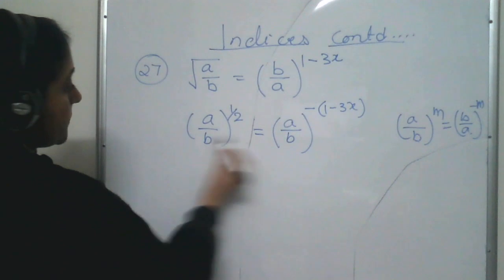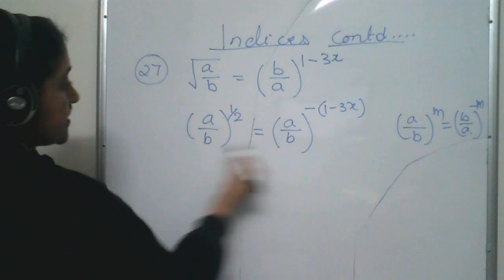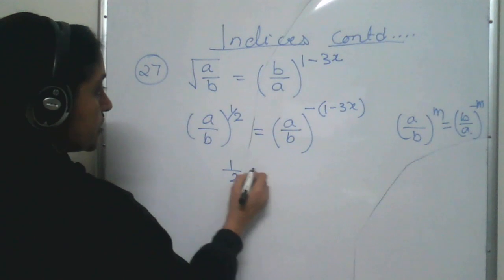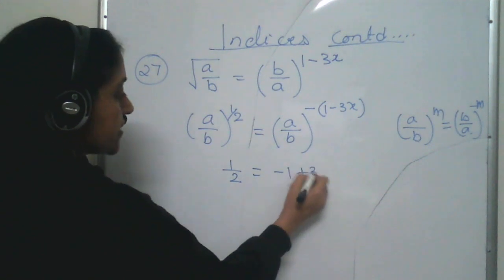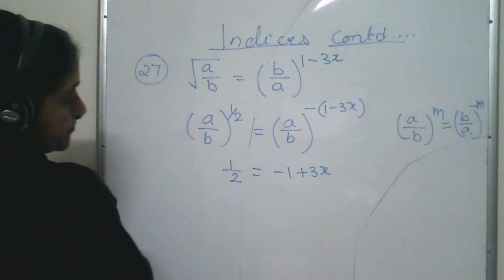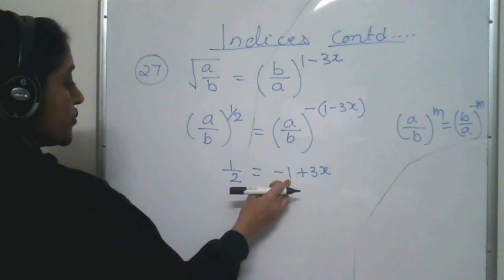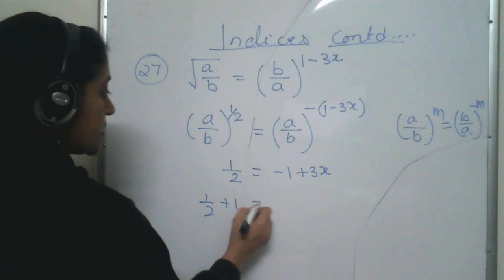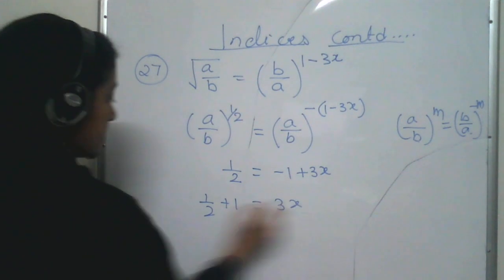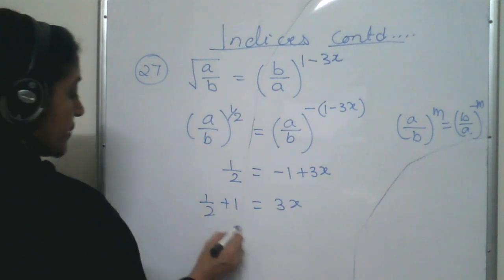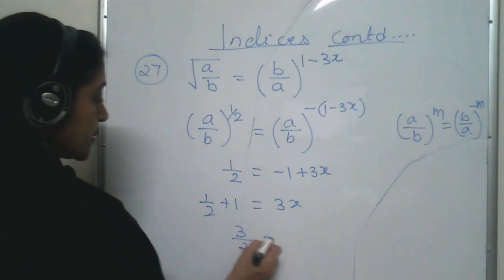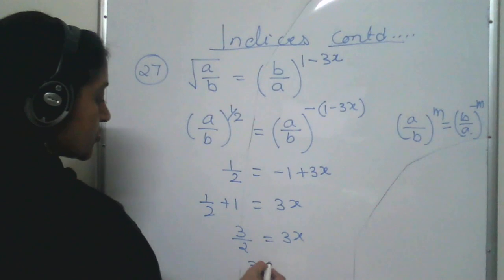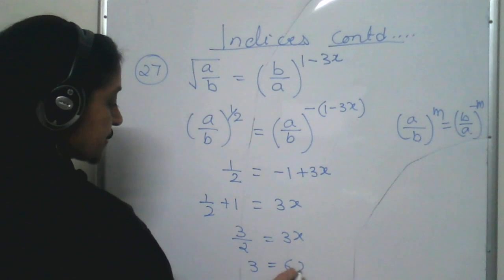Now as the bases are equal on both the sides, we can equate the exponents. 1 by 2 is equal to minus 1 plus 3x. So if you take it to this side, half plus 1 is equal to 3x. Take the LCM, you will be having 3 by 2 is equal to 3x. 2 has to be multiplied, so 3 is equal to 6x.